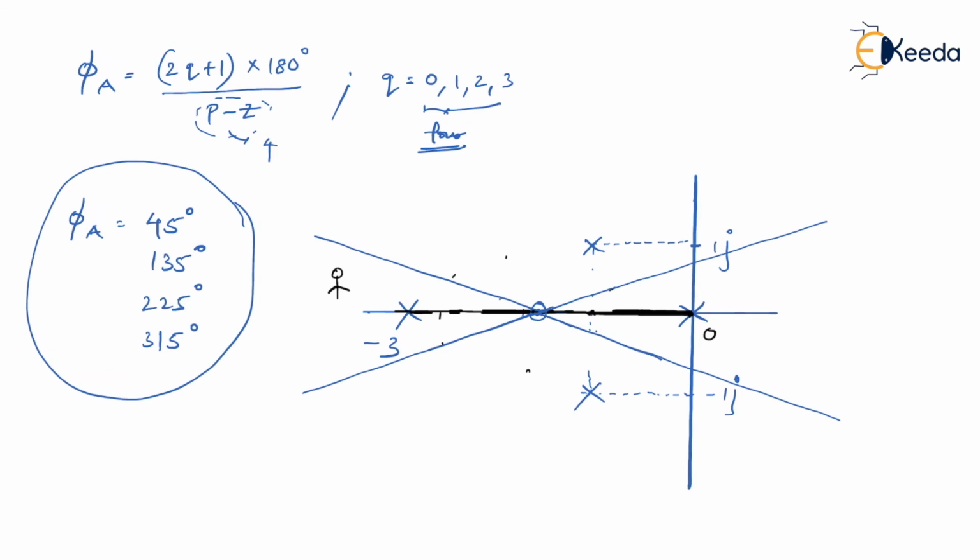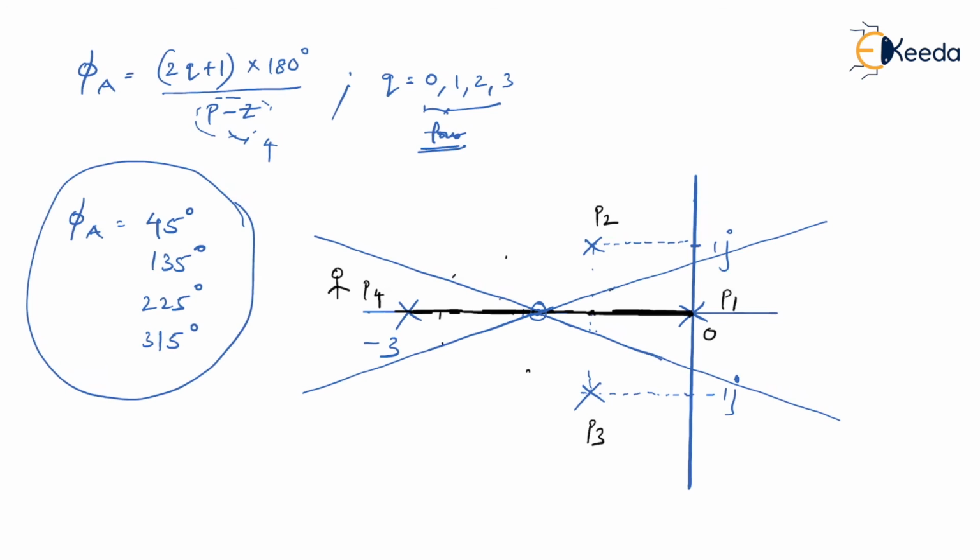Now next thing is that if you observe carefully, let's say this is pole number 1, this is pole number 2, this is pole number 3, and let us assume this one as pole number 4. If you observe properly, pole number 2 is definitely going towards infinity.